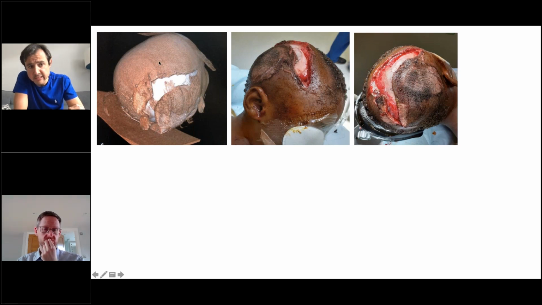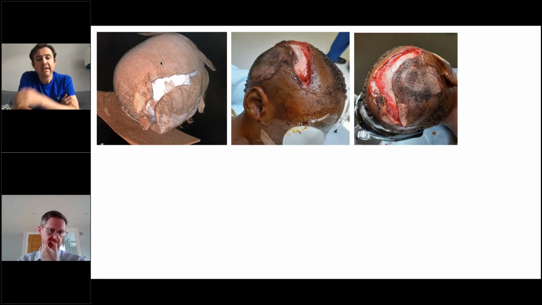The CT reconstructions, I'm sure you all know about these, but if you refer a child with a skull fracture to the neurosurgery team, the first thing we'll ask for is the reconstructions of the CT, so that we can look at the skull fracture and work out the extent of the injury and what we need to do.